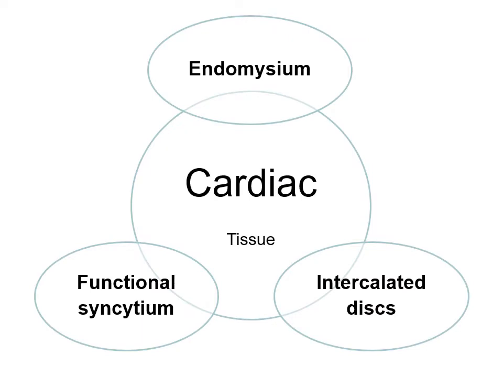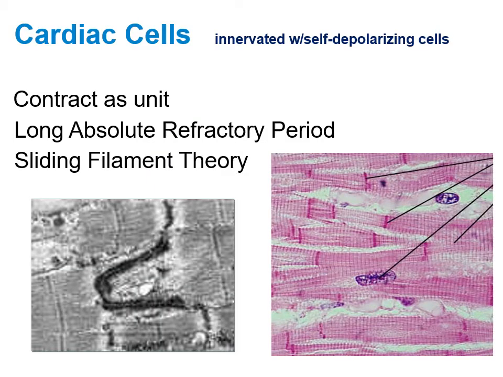You first learned about cardiac muscle tissue in Bio 2050. These fibers contain intercalated discs and endomysium, and function as a syncytium, which means the cells are interconnected, so they function like one big cell. Cardiac muscle cells are innervated by collections of self-depolarizing cells.